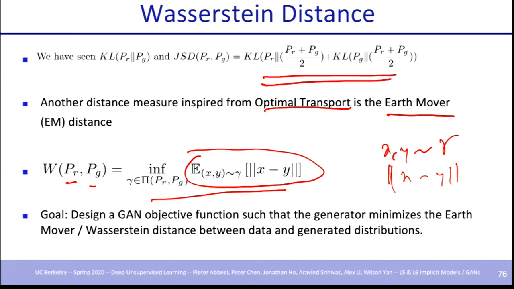Then you take the expectation of this over the joint, calculate this for various joint distributions, and the infimum over all those possible joint distributions is the Earth mover distance. It's clearly intractable, right? But we'll see how the Wasserstein GAN authors have come up with a very nice way to optimize this particular distance.